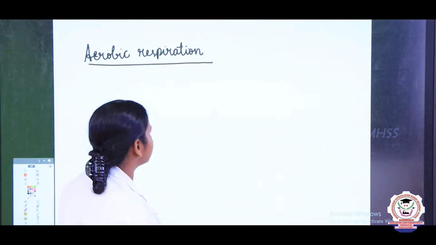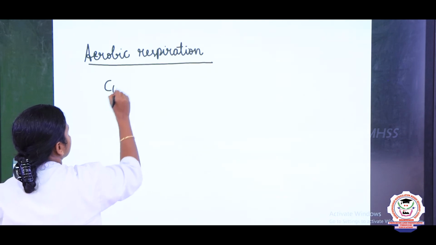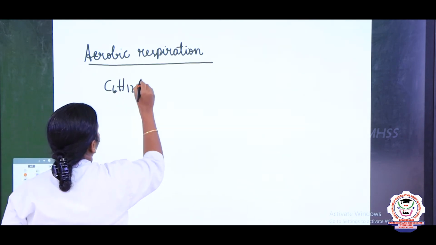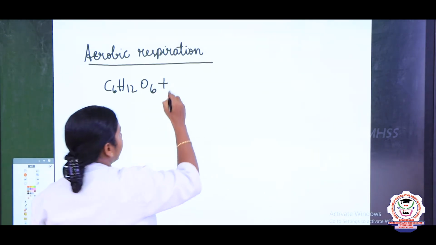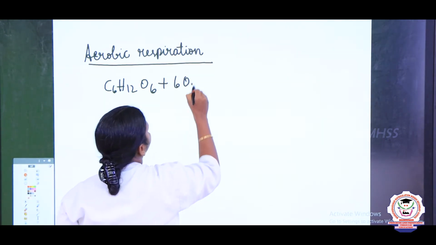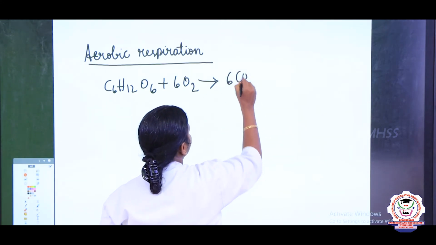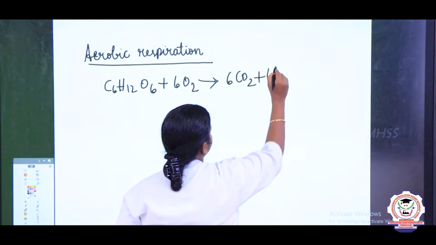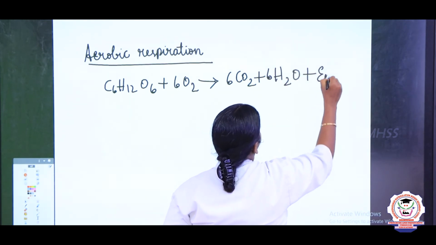Now let us see step by step. In aerobic respiration, C6H12O6 plus 6O2 gives 6CO2 plus 6H2O plus energy.